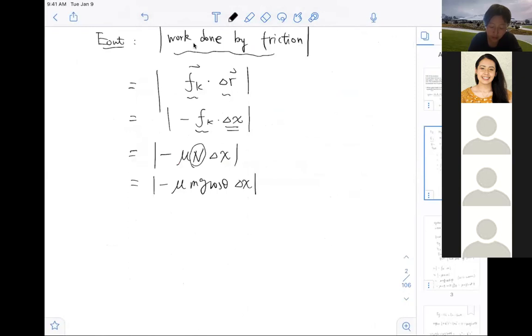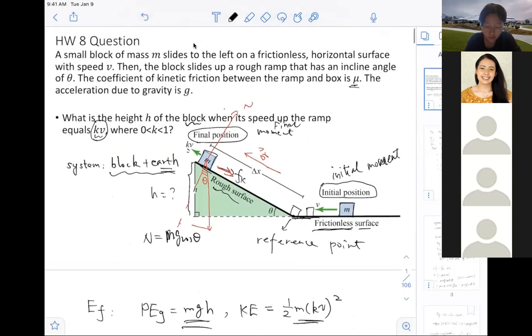I'm still keeping delta x the way it is. However, if you look at this, the given quantities are m, v, theta and mu. h is unknown, what we are trying to solve. Delta x is also an unknown. We don't really know what delta x is. So if you want to solve for h, you want to leave h as the only unknown variable. Everything else is a known variable. But then we have a delta x, so we need to get rid of delta x. Luckily, look at this triangle of the ramp. Delta x and h are related, right?